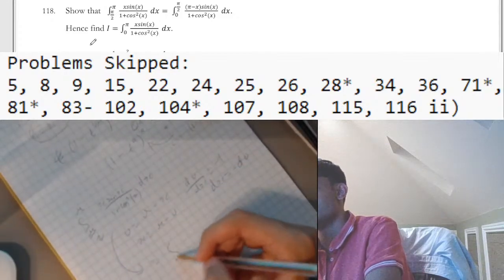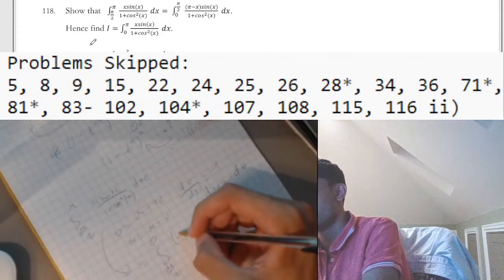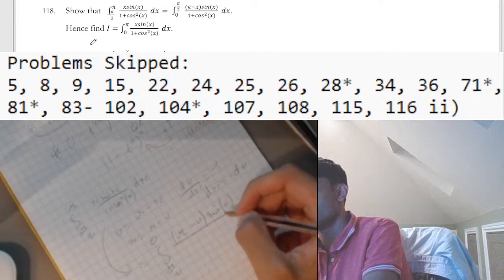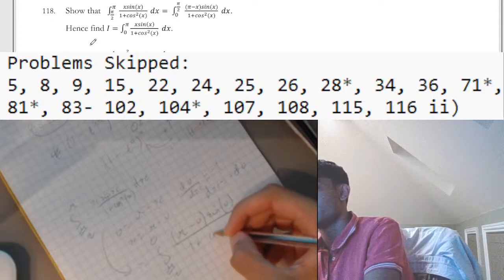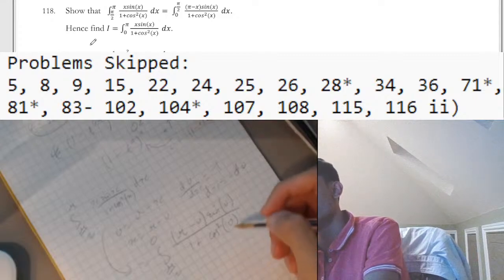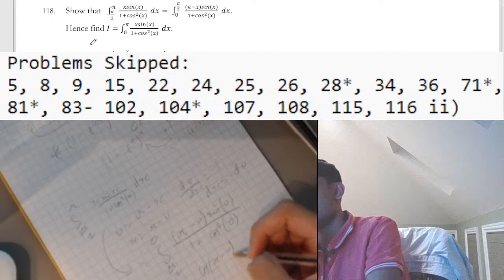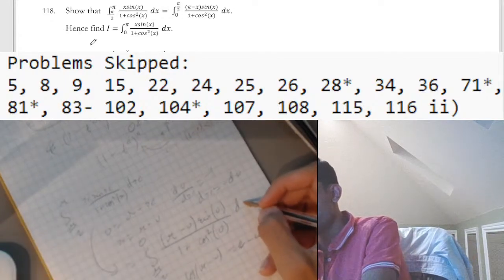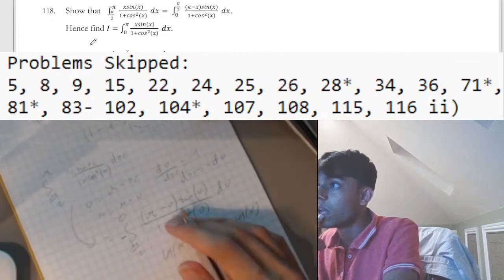So again, this is equal to the integral from pi over 2 to 0 of pi minus u, sine of pi minus u, which is just sine u, over 1 plus, the square cancels it, so it's still cos squared u, because cos of pi minus u is minus cos of u, but when you square it, it's the same thing. du, and you have a minus sign here, so we're done with the first bit.